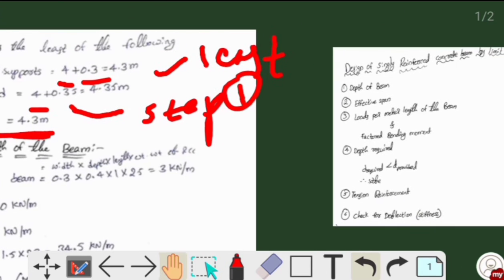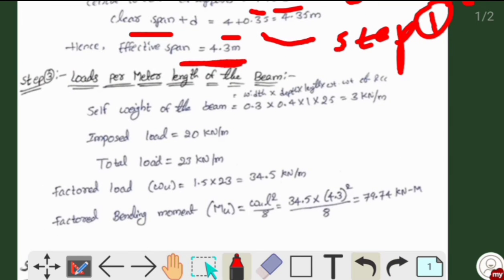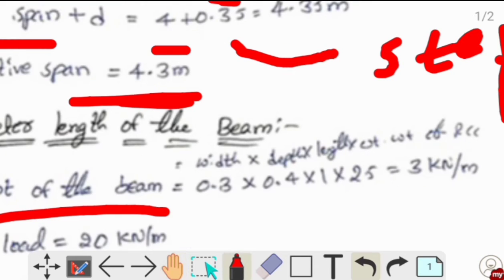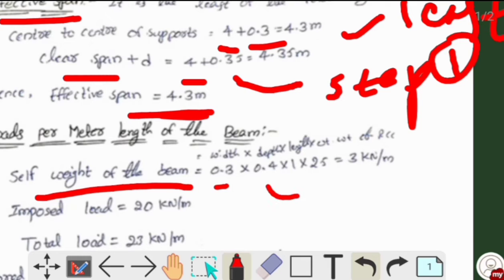Next step, calculation of loads per meter length of the beam and factored bending moment. First calculate loads. First load is the self weight of the beam, equal to width into depth into length 1 meter into unit weight of RCC. Width is 0.3 and the overall depth is 0.4 into 1 meter length into unit weight of RCC 25.